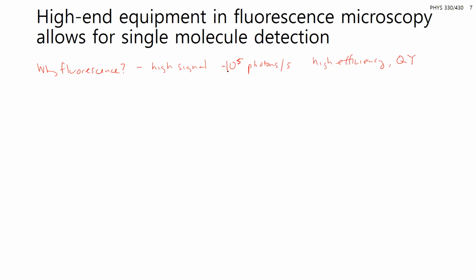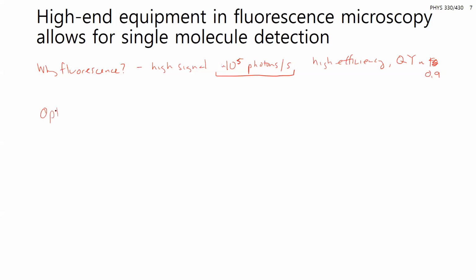So this high quantum yield, where typically you're doing measurements with dyes that have quantum yields of, let's say, 0.9 or so, where 90% of the photons in result in a photon being produced out. So this is a benefit of using fluorescence. And in the history of the field, actually absorption was used first to show single molecule detection, and then fluorescence quickly became the method of choice because of the high signals that can be produced.